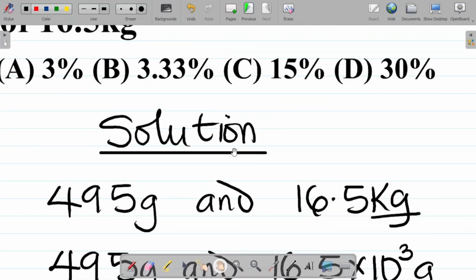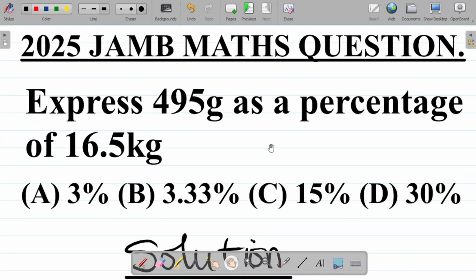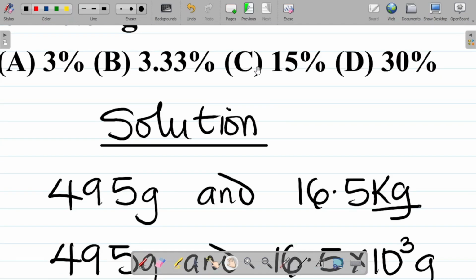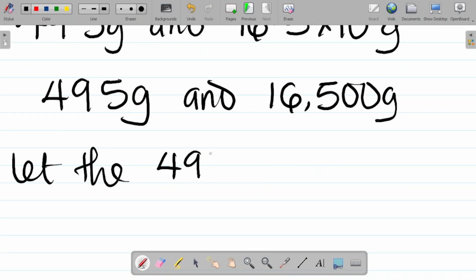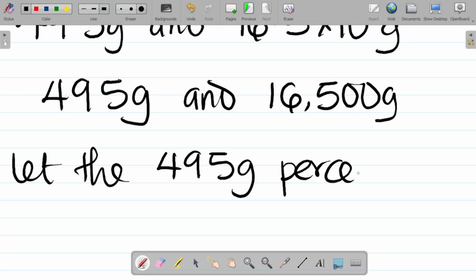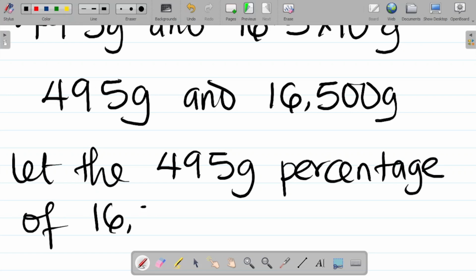So how do we do that? To solve this, let's call the particular percentage x. Let the percentage that 495 gram is of 16,500 gram, after the conversion, be x.